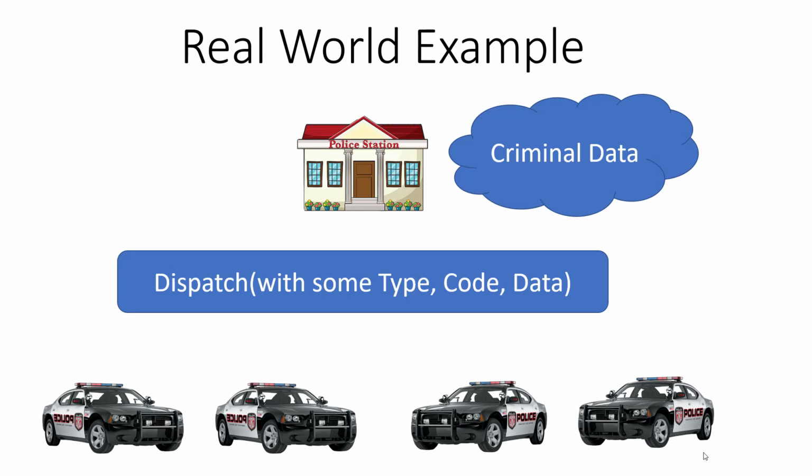They can share their data with the police station using a dispatch. And this is exactly what is going to be in our Redux tutorial, and we can see that this is really a good example, because let's say that we have this police station and this cop needs to interact with the police station. How can we do this?